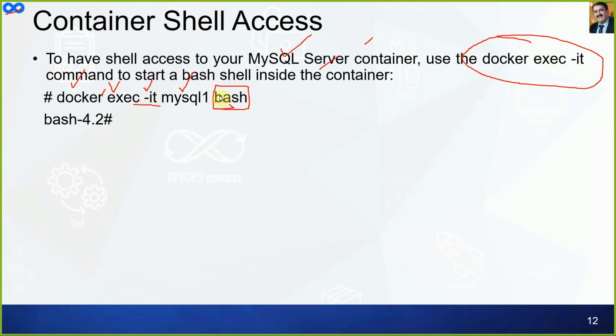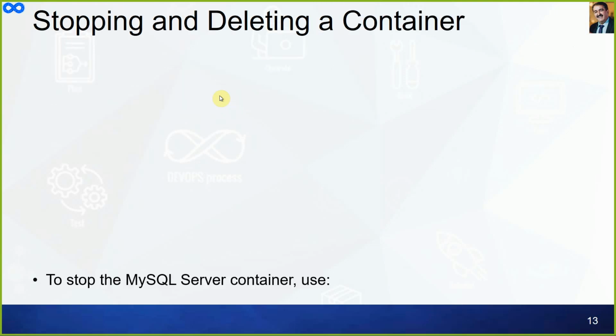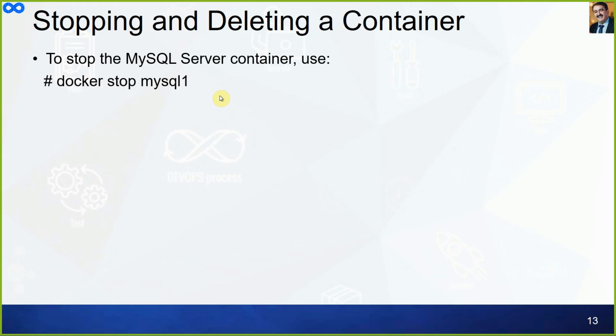So you'll get a shell prompt. This shell prompt is inside the MySQL container. So you are working inside the MySQL container now. So the ls command and whatever commands are available, you are running inside the Linux of this MySQL container.